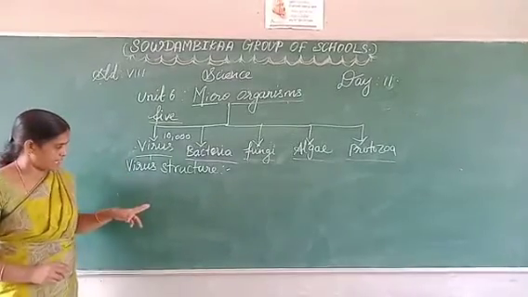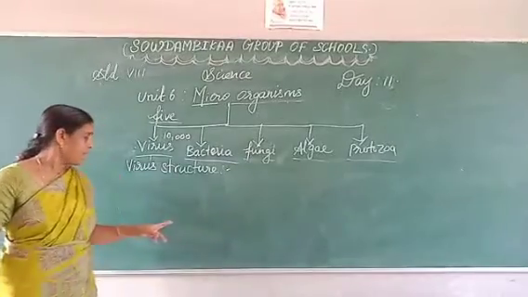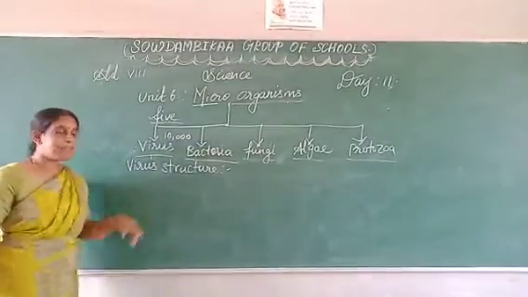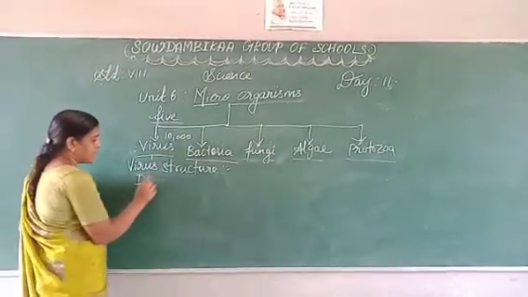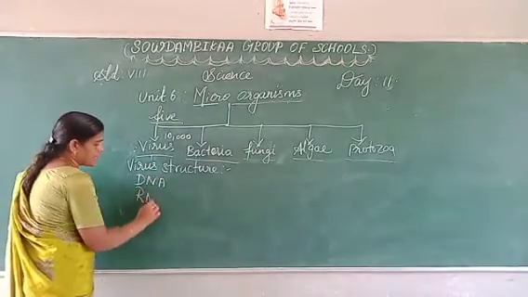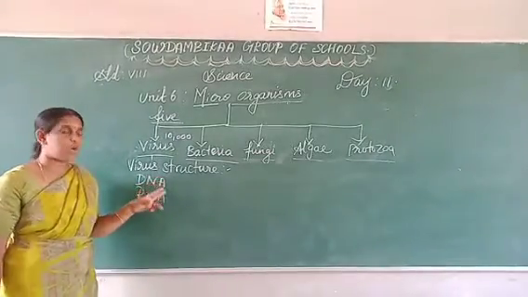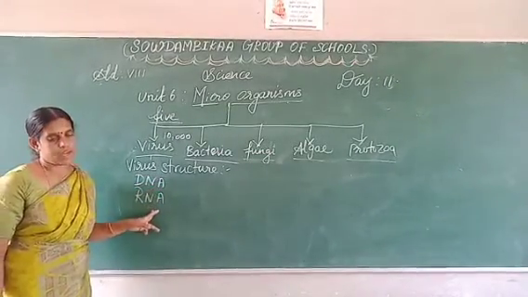The virus is made up of genetic material and protein. That genetic material is DNA or RNA. That is the core. The virus contains a core of DNA or RNA.